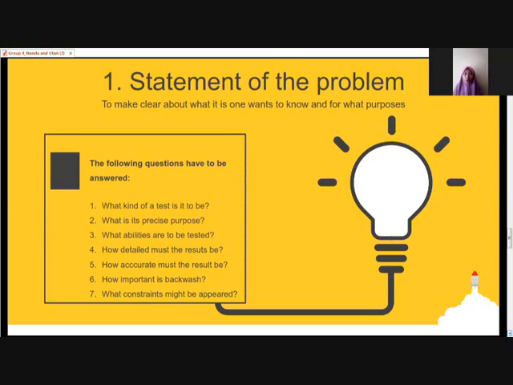For example, when we want to construct an achievement test to know the learners' achievement in the course taken in a period of time, we can construct a progress achievement test or a final achievement test.